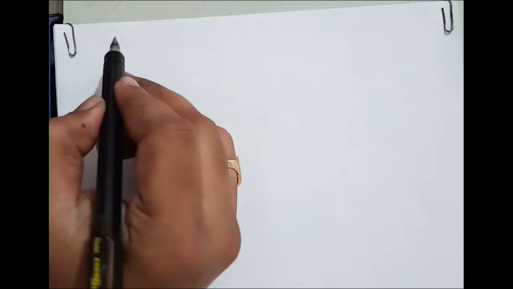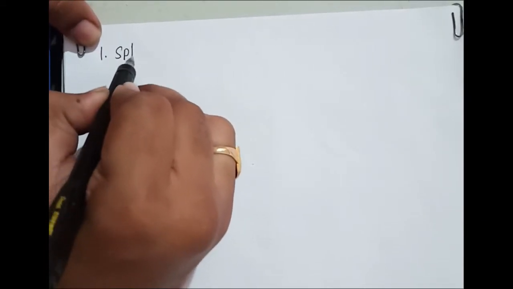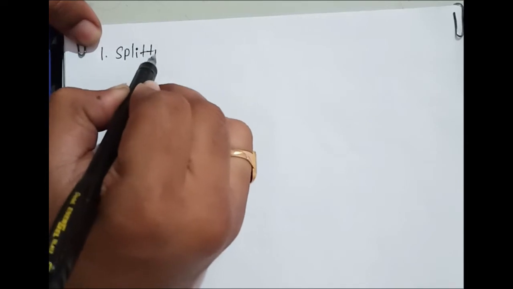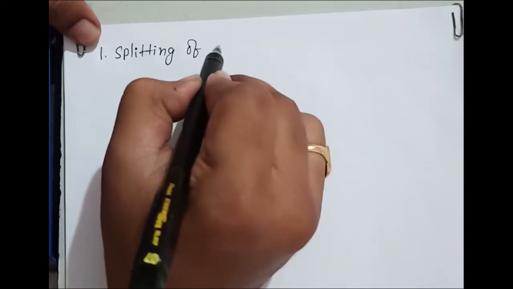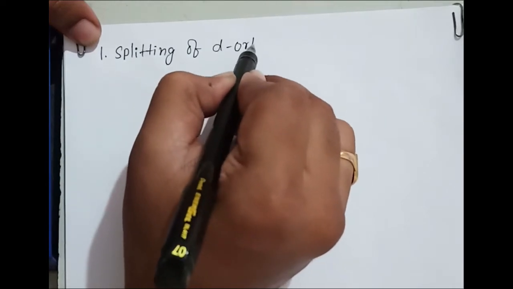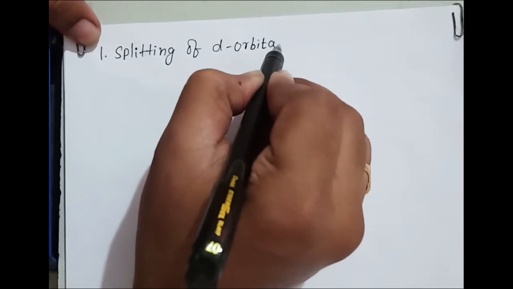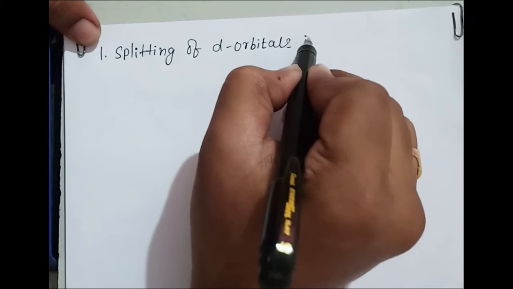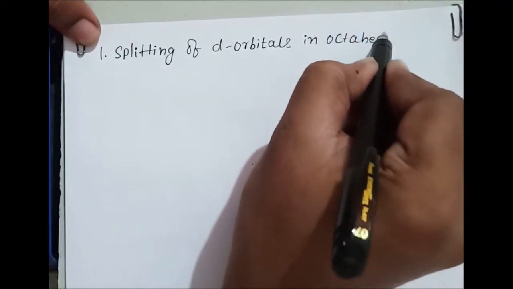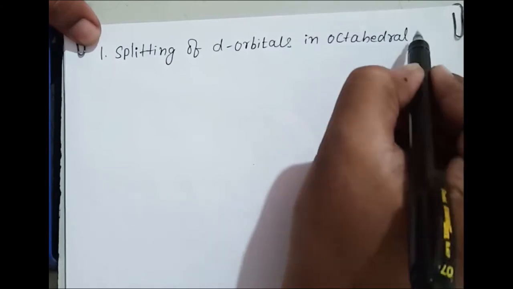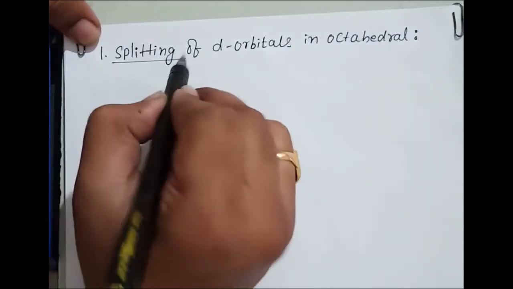Now we will see how the d-orbitals get split in an octahedral system. So the heading is splitting of d-orbitals in octahedral system. First you have to understand what an octahedral system is, then only you will understand this.